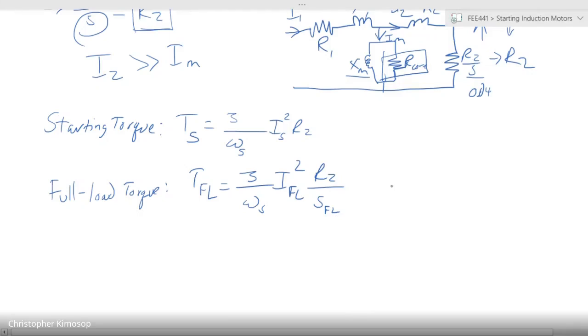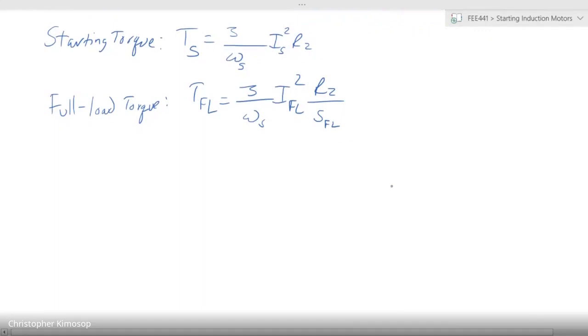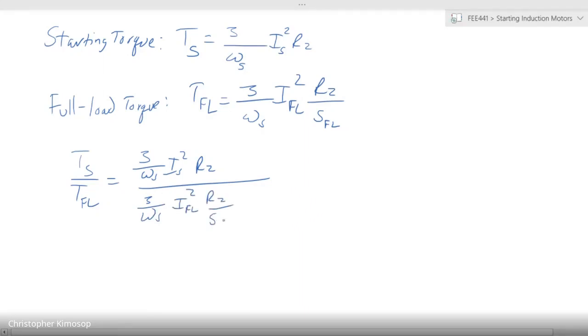So what is the comparison between the torque when you are starting the motor and the torque when it eventually reaches its full load speed? Let's give the ratio TS over TFL: it is 3 over omega S times IS squared R2 over 1, divided by 3 over omega S times IFL squared R2 over SFL.